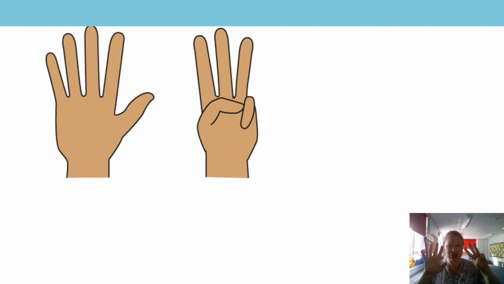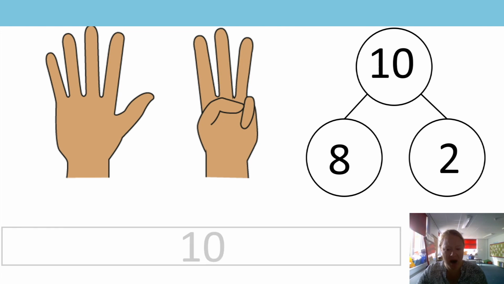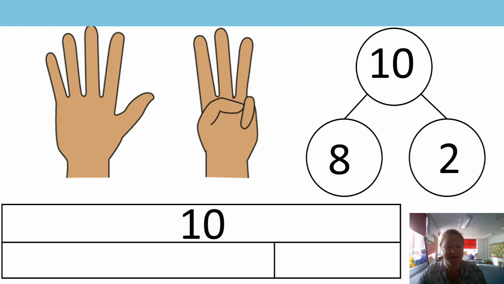Well done, it's 2, isn't it? Good, let's have a look at our cherry model then. 10 is our whole and our parts are 8 and 2. And our bar model really shows us that 10 is equal to 8 and 2.